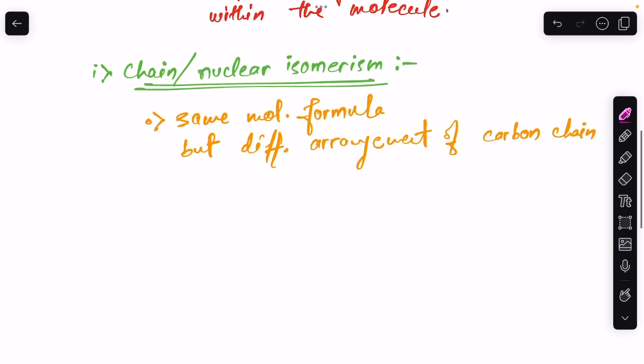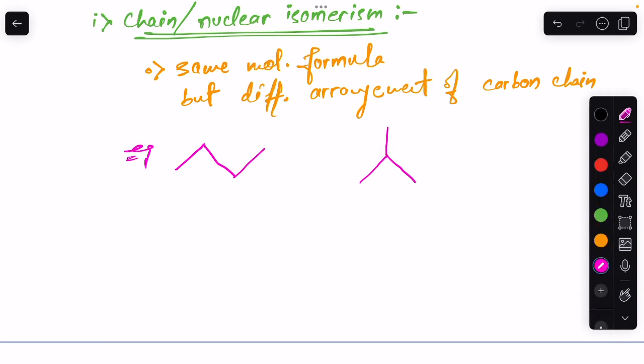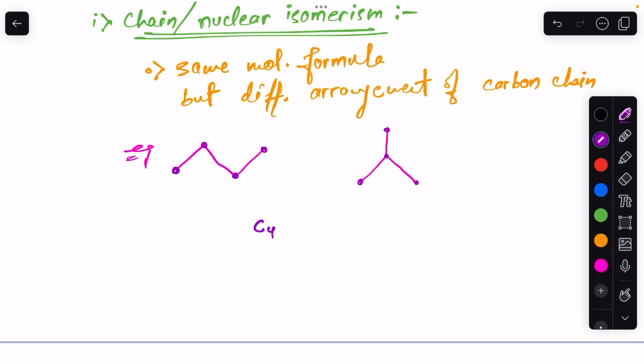If we look at the example, here we have butane and this is isobutane. Let's count the number of carbon atoms. Here we have 1, 2, 3, 4, 4 carbon atoms. Similarly here, the number of carbon atoms is 4.